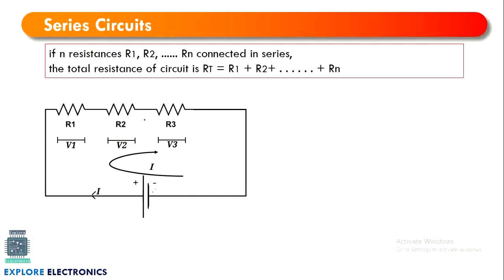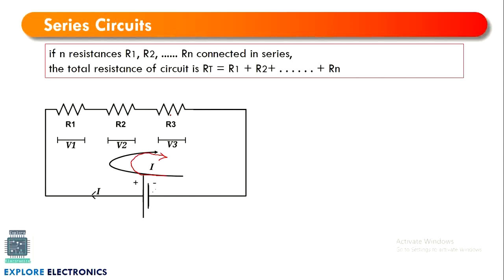And if the series resistance is connected like this, we have R1, R2, R3, the total resistance can be written as R1 plus R2 plus R3. And you might have known that the current flowing through this circuit because of this voltage source is in this direction. The direction of current is indicated here, it is I. The current flow will be in this direction and all the elements will be carrying the same current.